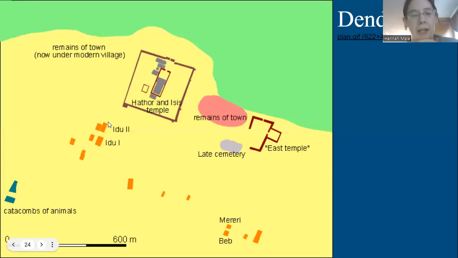And then we have Dendera. That is another site where we get a good amount of archaeological material. So this is from that Digital Egypt for Universities site, and it gives you the full site of Dendera and the different archaeological remains that are on that site as well.